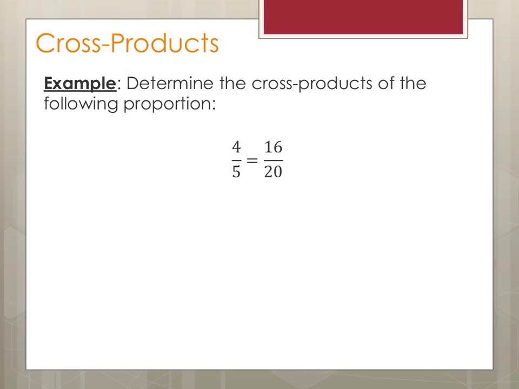Now let's look at cross products. A cross product is when we multiply two diagonal terms of a proportion together. The book defines these as the, right here, the means and the extremes. So we would call these two numbers diagonal from each other the means of this proportion.